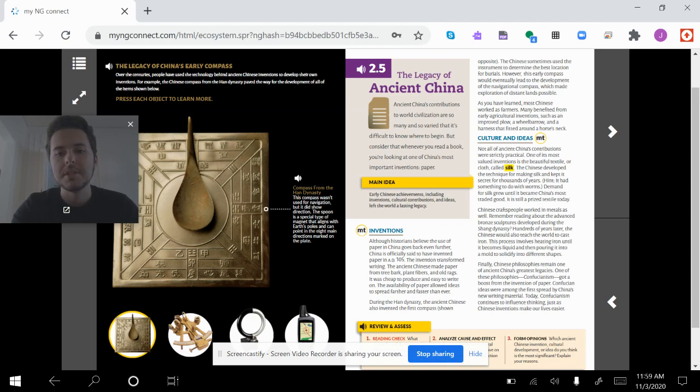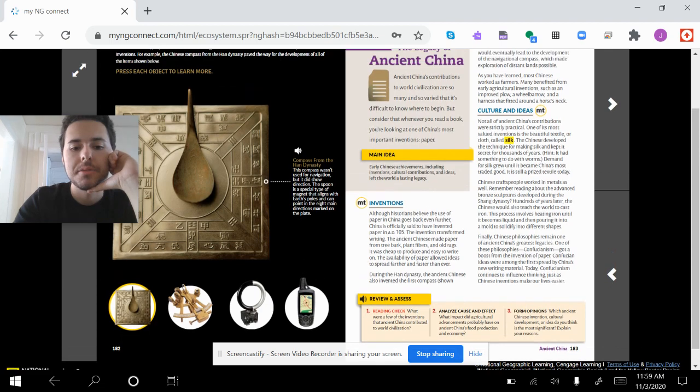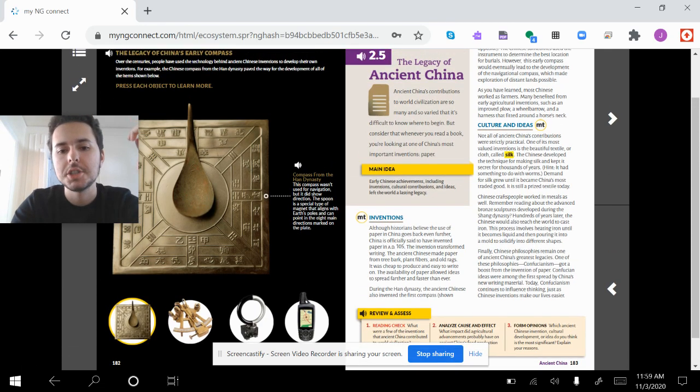So speaking of achievements, they had many advances in science and technology and medicine. We know that they invented paper, which allowed for the written word to be spread around and for people to read more and for ideas and information to be spread.